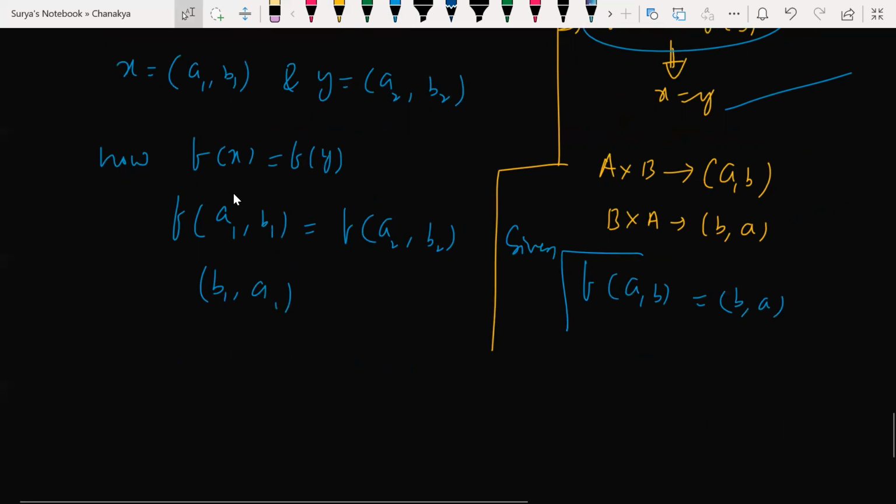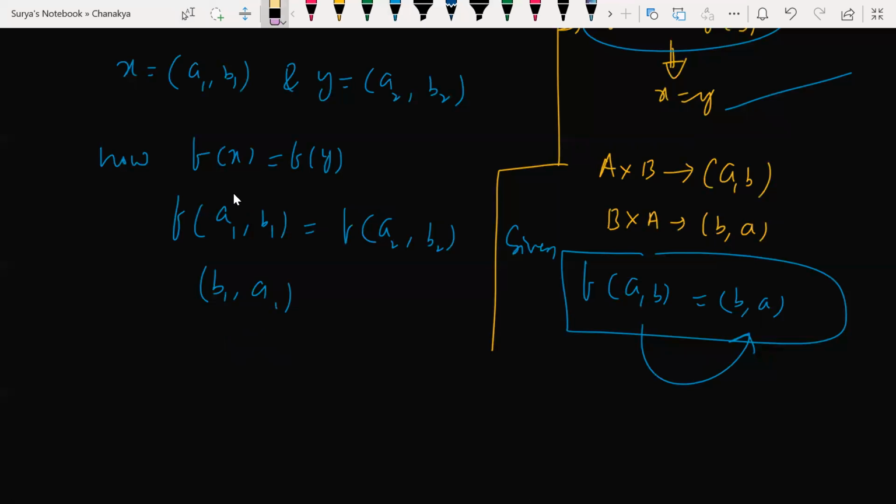Given f of A comma B is equal to B comma A, can I write f of A1 comma B1 as B1 comma A1? Of course, yes. That is equal to f of A2 comma B2, which can be written as B2 comma A2.